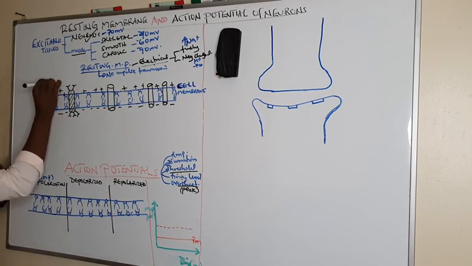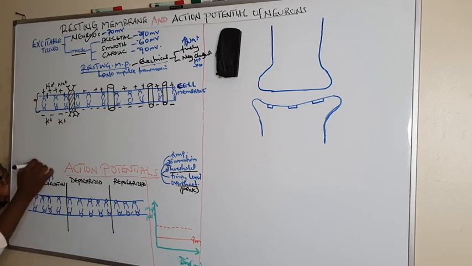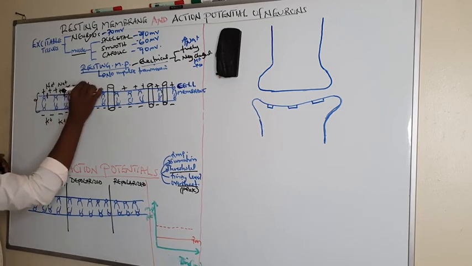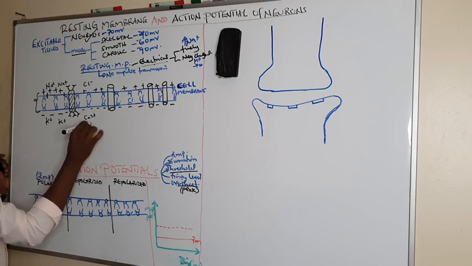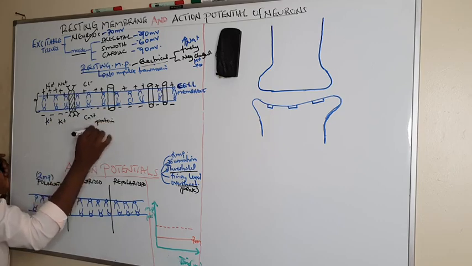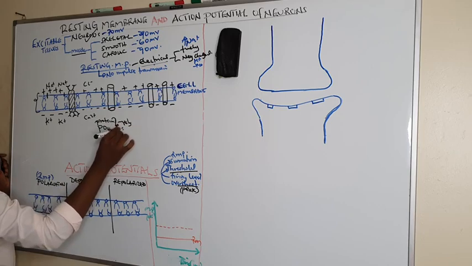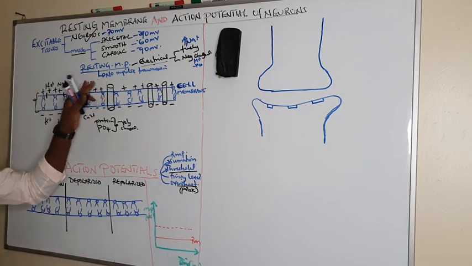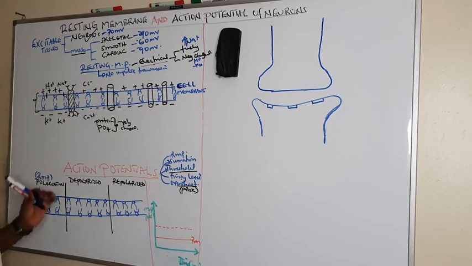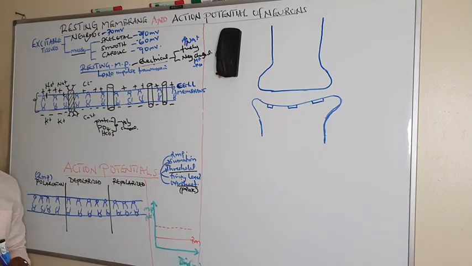And this is due to high accumulation of sodium ions outside the cell, with potassium ions inside the cell. Outside, we also find chloride ions, and inside we find calcium ions, the proteins, and the phosphates, which are negatively charged. Even the bicarbonates can be found inside the cell.